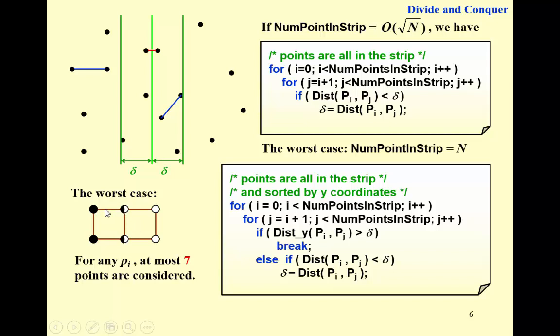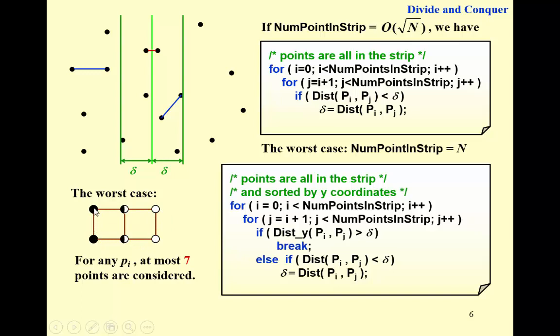Because this length is already the smallest distance, right? It's impossible to have another point inside which can get a smaller distance. So that's impossible. So in the worst case, there are never more than 8 points sitting at the corners.